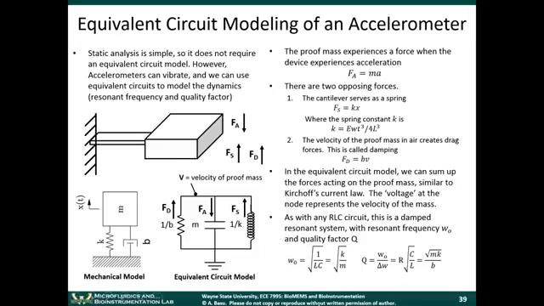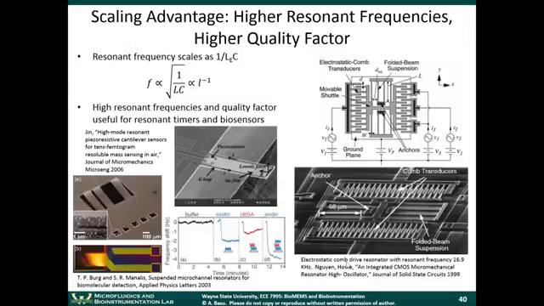If your mass is very small to begin with and your resonant frequency is very high to begin with, you can detect very, very tiny changes in mass, incredibly small. The best mass sensors on the planet right now are these types of resonant mass sensing devices.